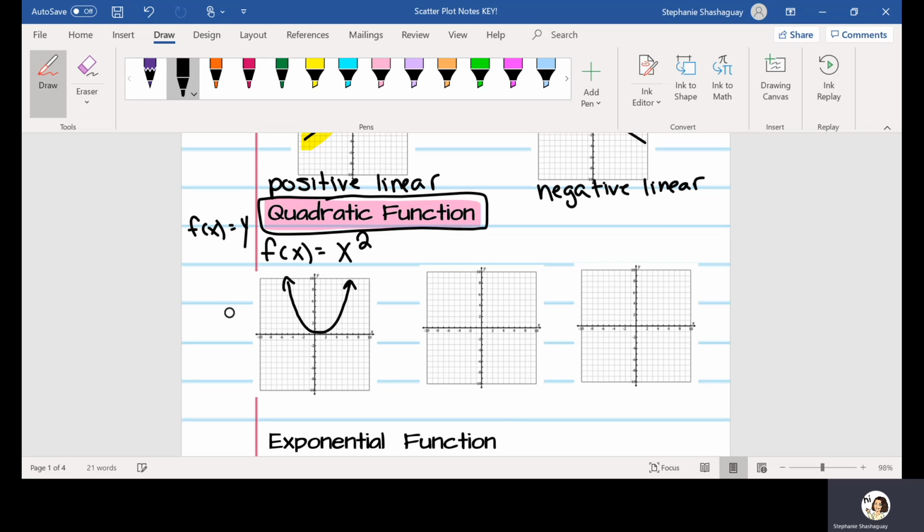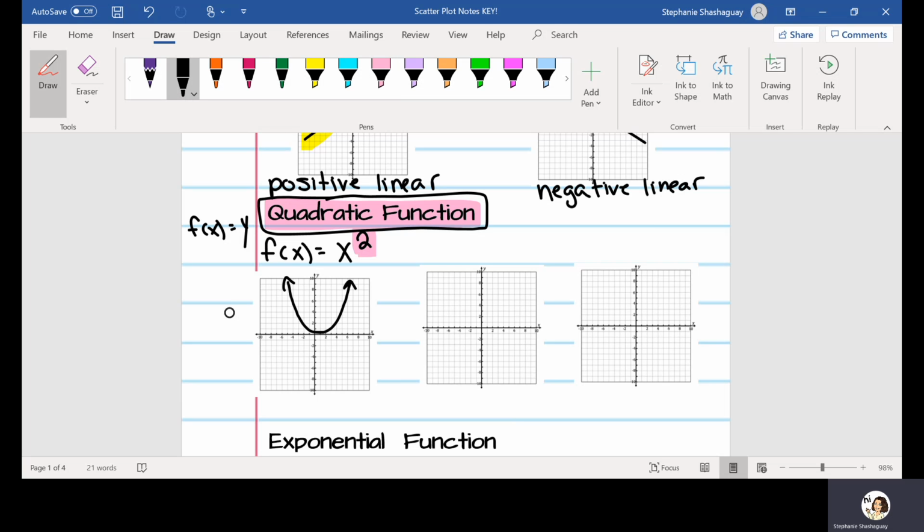Okay, I have that U shape. And because I have a positive number here, it is opening upwards, okay? So that is what f of x equals x squared. And the key here with a quadratic function is anytime we have a variable that is squared, we are going to have a quadratic function, okay?